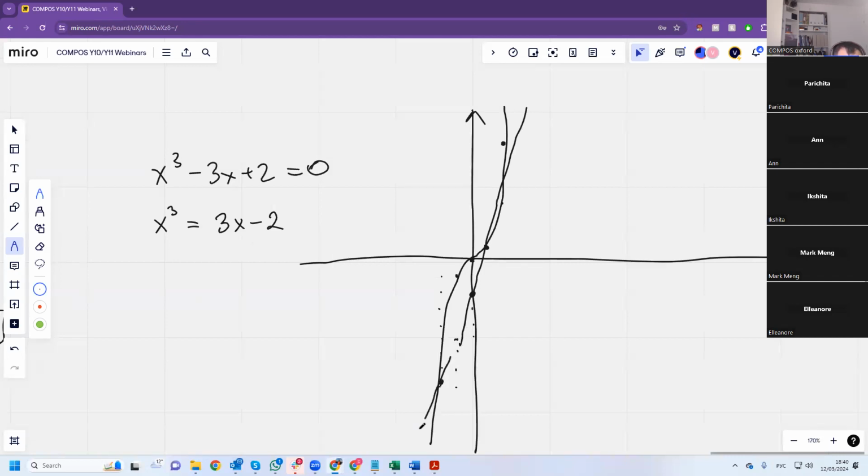Oh, interesting. It goes through this point. So graphically, I can see that x is minus 2, x is 1, and the third solution, well, it's between 1 and 2.